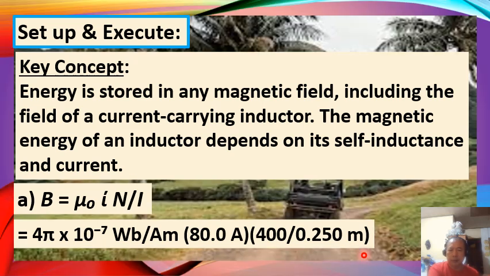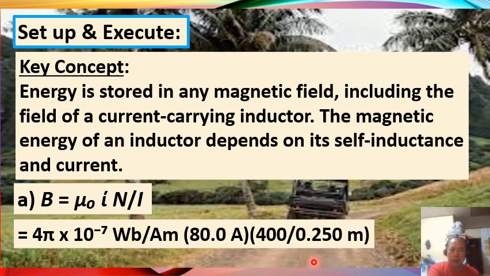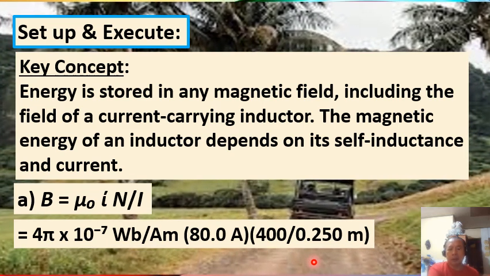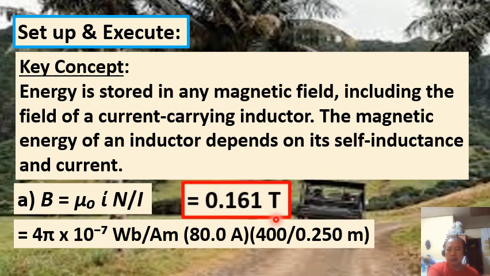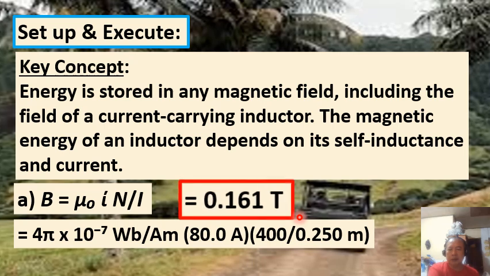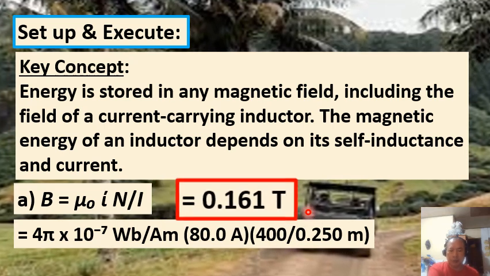So doing our math, we get the value of the magnetic field, capital B, equals 0.161 Tesla in three significant figures.